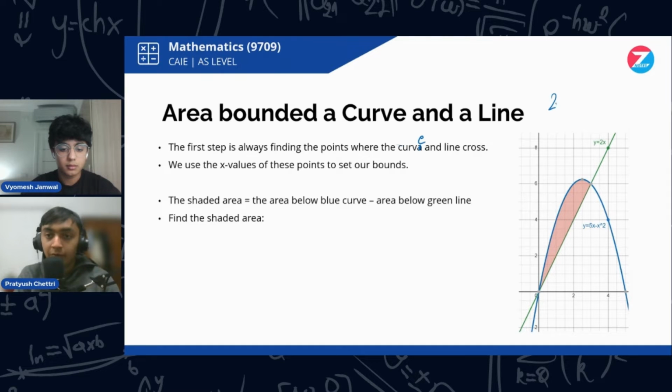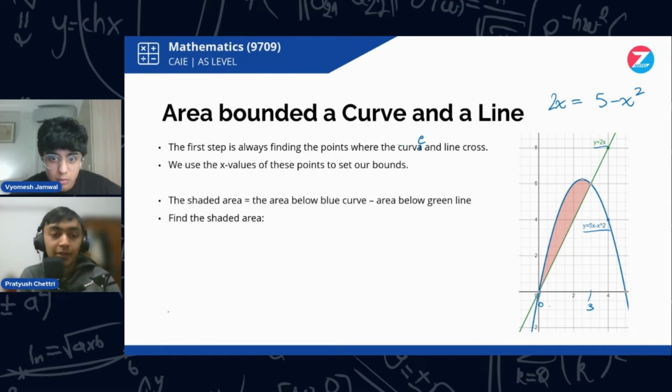So I would do 2x, this line, equals this curve, 5 minus x squared, solve for x, and that'll give you 3 and 0, hopefully. Yeah, looks about right, 3 and 0. And we use these values of x as our bounds.